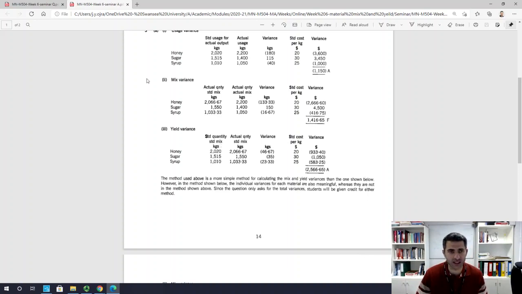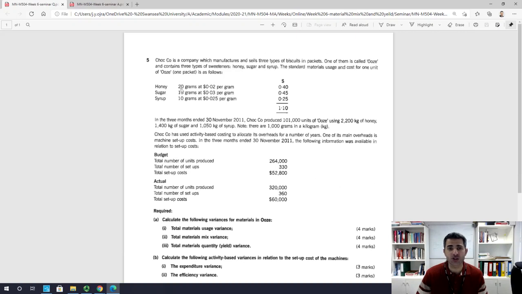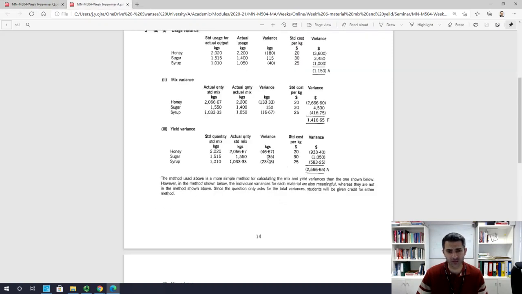If you go back to the question, the 0.02 kilogram, this one you multiply by the actual output in order to find it. Because as I mentioned, yield is related to the output. So basically it's the same as the first one. When you calculate the standard quantity, that is the way you do it, so it should be the same answer here.